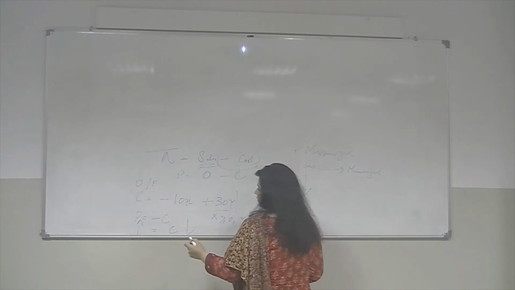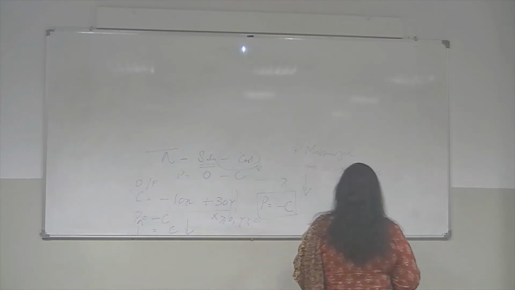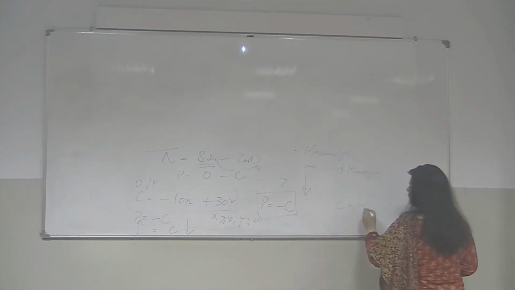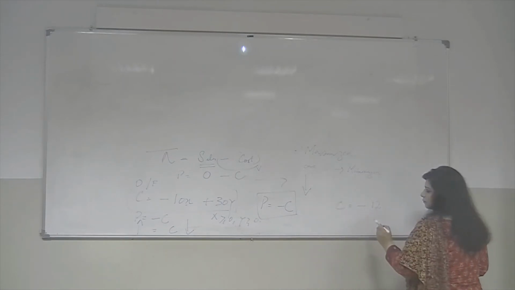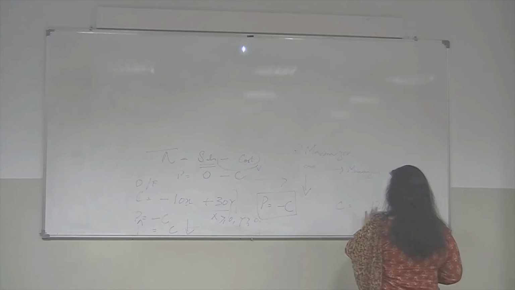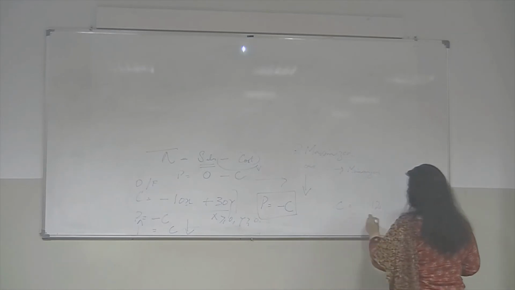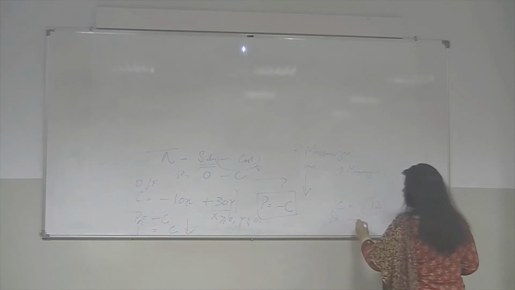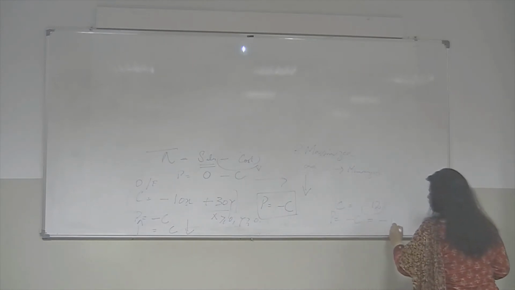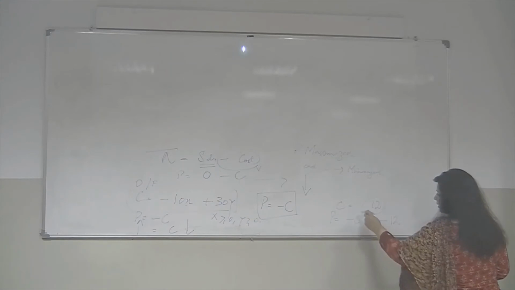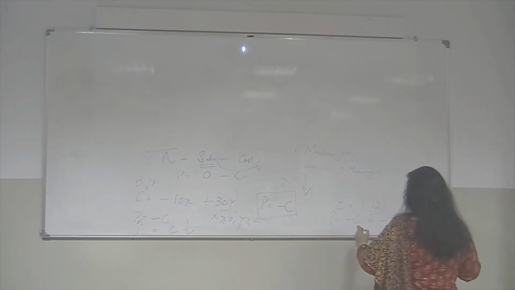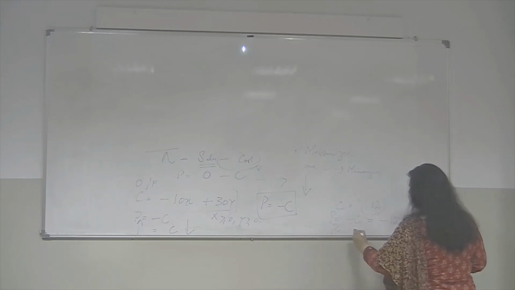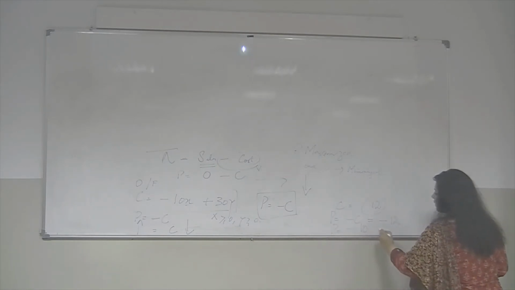Now, how is it possible? See, if for instance C is equal to 12, then P is equal to minus C, or minus 12 in this case, because it is minus C. Now, if I want to increase P, I could write it like minus 10, because minus 10 is greater than minus 12.